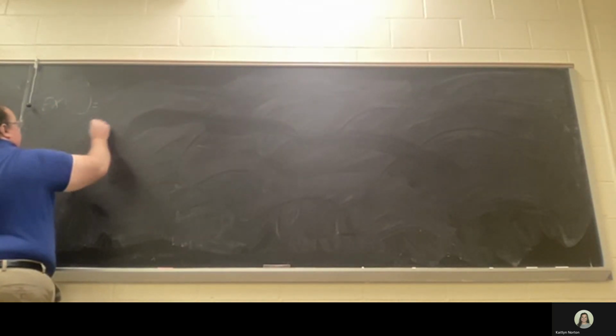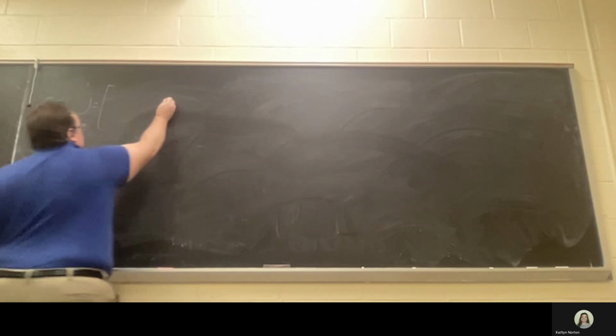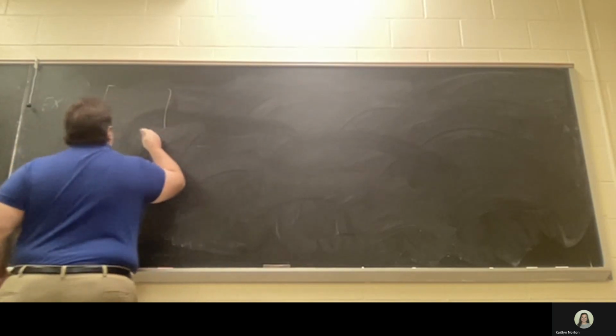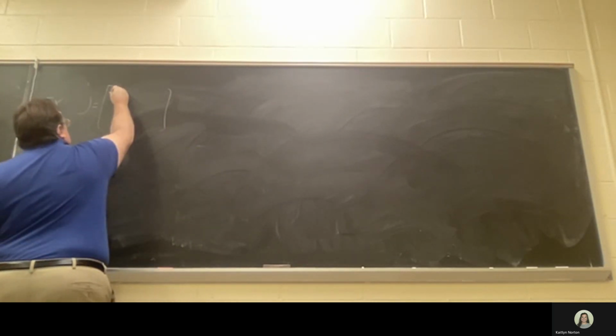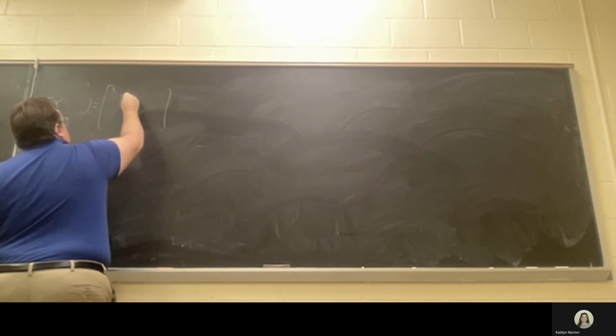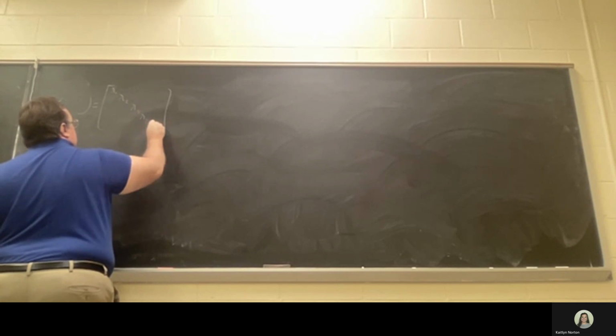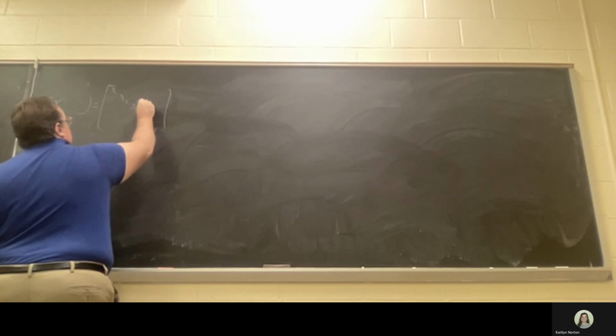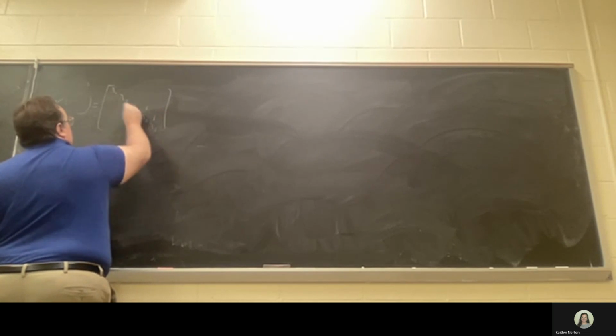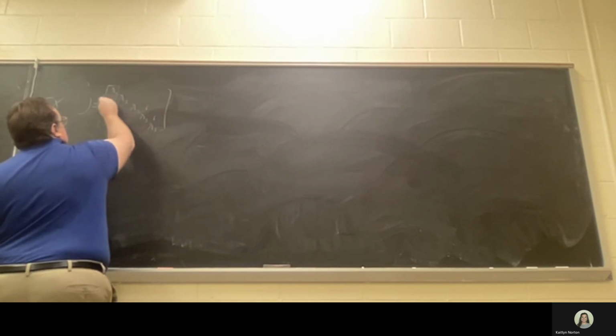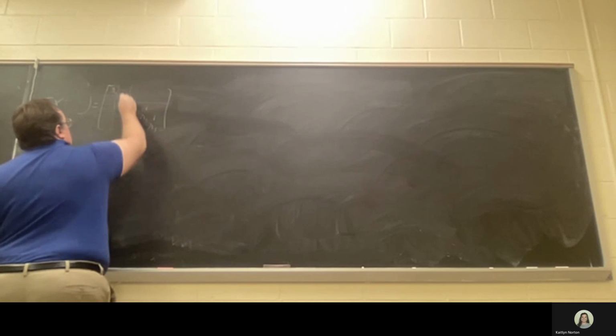Let's suppose our Jordan form looks like this. Lambda 1, lambda 2. All right, and I'll section off the blocks.